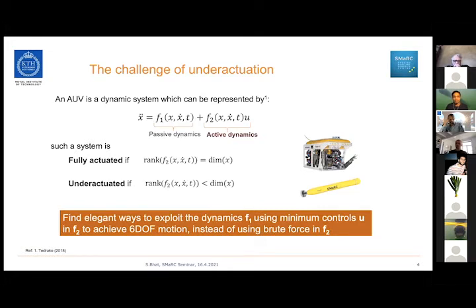So a key challenge is to find elegant ways to exploit the dynamics in the f1 function, the passive dynamics, and to use minimum controls in f2 to achieve elegant motions instead of using brute force to make it converge to a certain trajectory. Solving this problem is quite difficult.